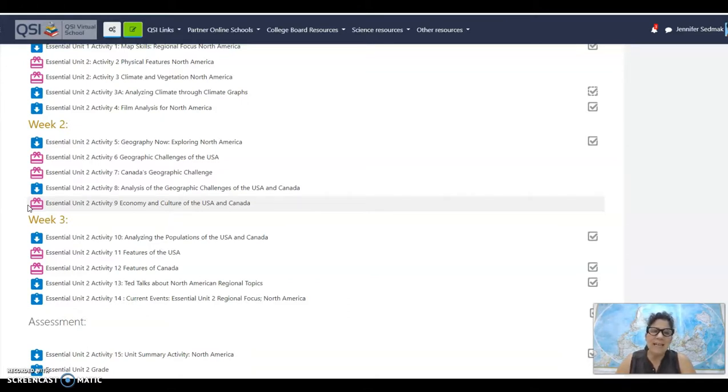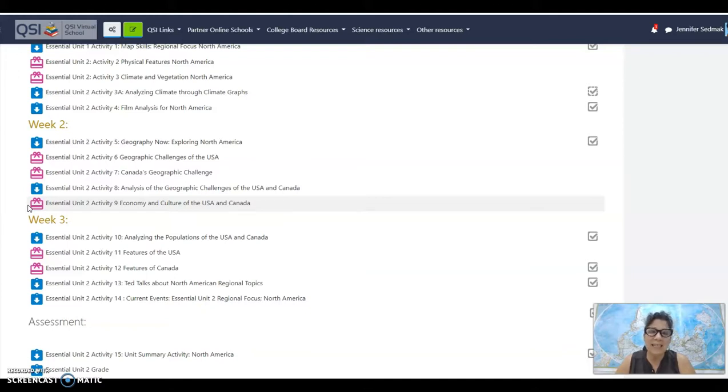So then in this activity, we'll start beginning to look at how the economies of the United States and Canada are structured and what types of economic activities they are most dependent upon. And then you'll also do the same thing with culture. You'll take a look at the culture of the United States and Canada as it relates to their history. You know that they share one thing in common.